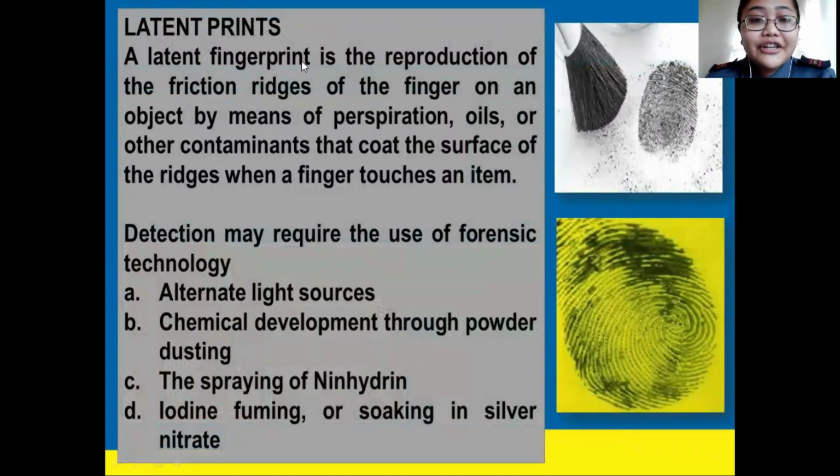A latent fingerprint is the reproduction of the friction ridges of the finger on an object by means of perspiration, oils, or other contaminants that coat the surface of the ridges when a finger touches an item. Because a latent print, we cannot see it on the things we touch, for example a phone.